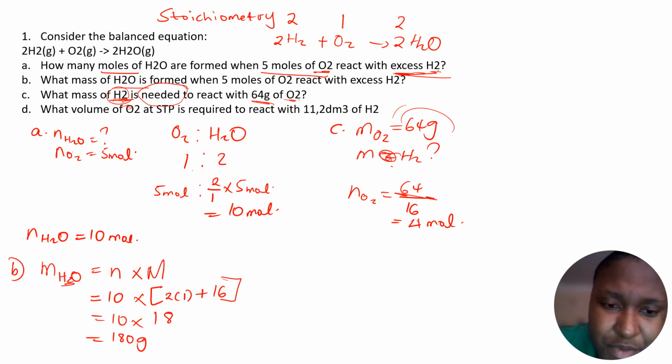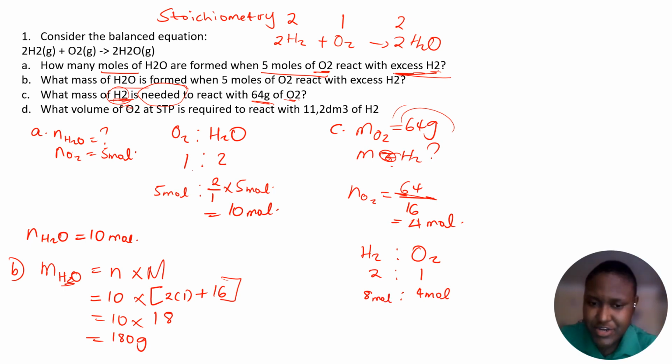So that is going to be H2 is to O2, the ratio is 2 is to 1. And if you have 4 moles of oxygen, then times 2, that's going to be 8 moles of hydrogen. Therefore, we say that the number of moles of H2 equals 8 mole.